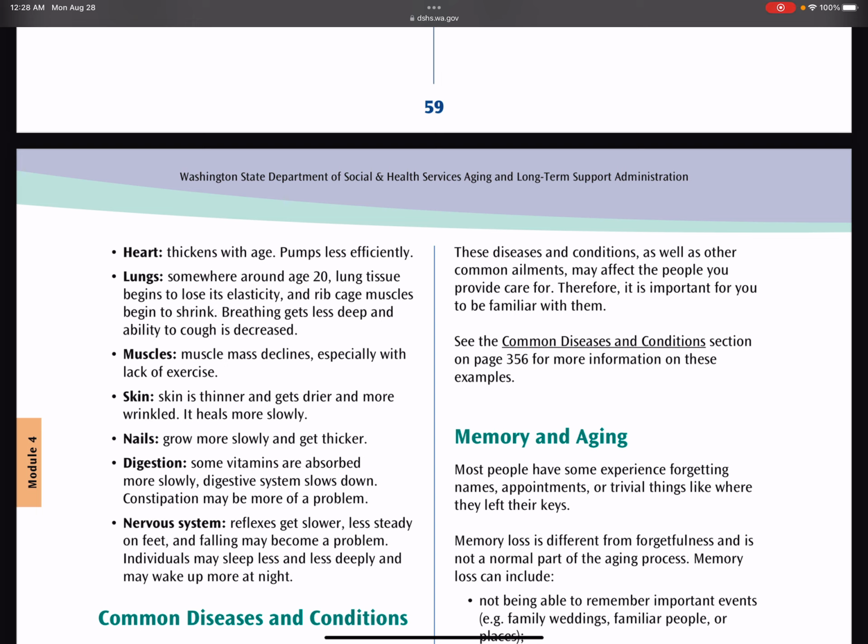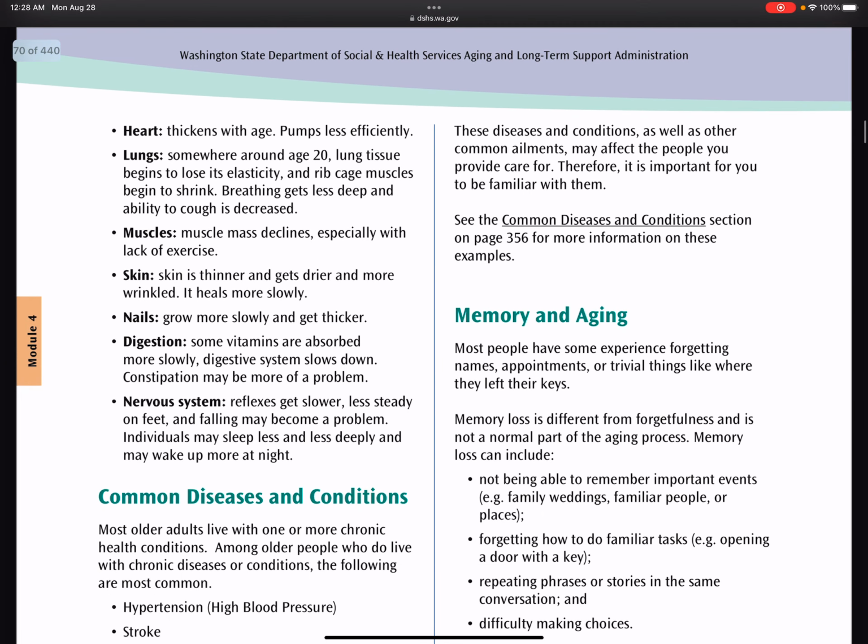Your nails grow more slowly and may get thicker. Your digestion is usually slow, and the nervous system reflexes get slower. These are just common physical changes in most people at that age.